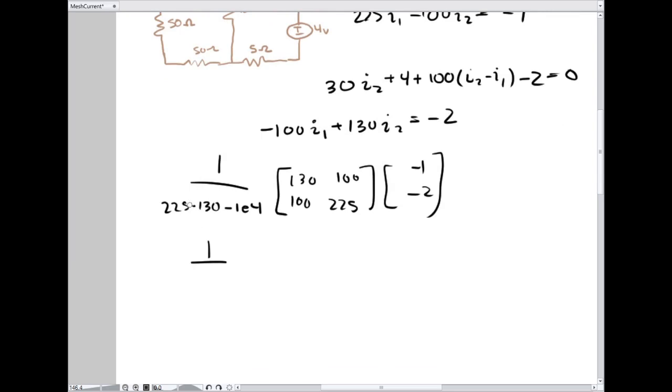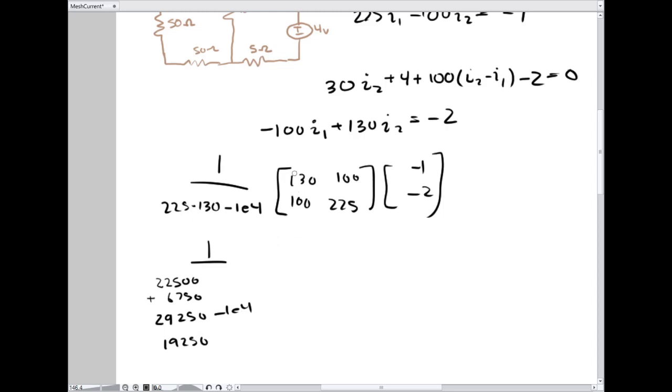So 1 over this nonsense, which is 22500 plus 6750, which is 29250, minus 1 E4, which is 19250.